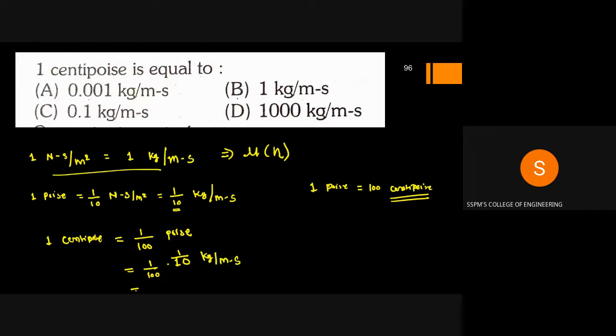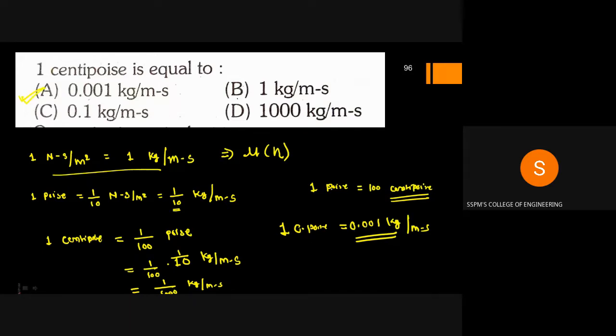So this will be 1 upon 100 into 10, that is 1000. 1 centipoise is equal to 0.001 kg per meter second. So the correct option is kg upon meter second.